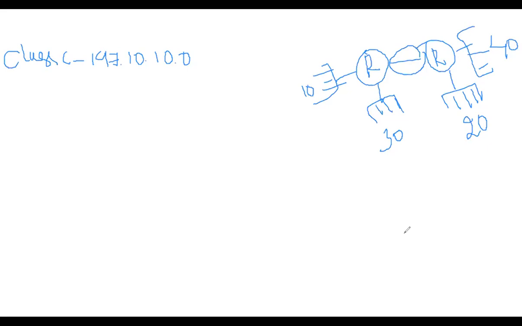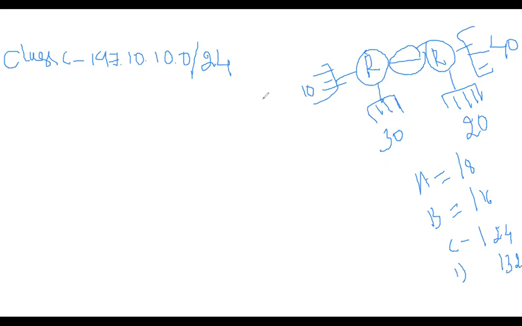One more thing is very important: the slash 24. For class A there is slash 8, for class B slash 16, for class C slash 24, and for class D slash 32.